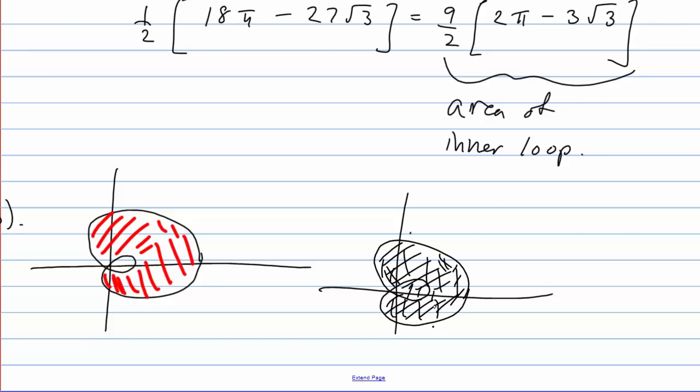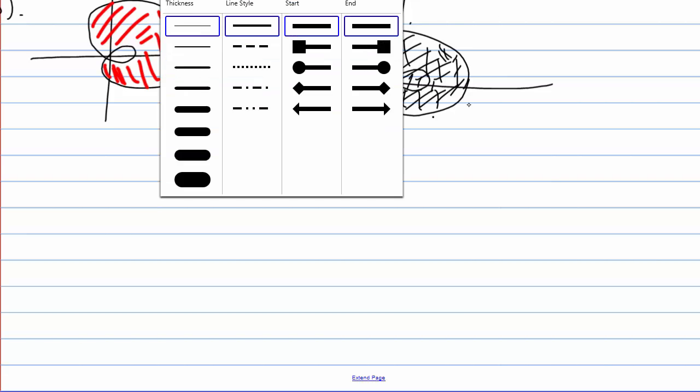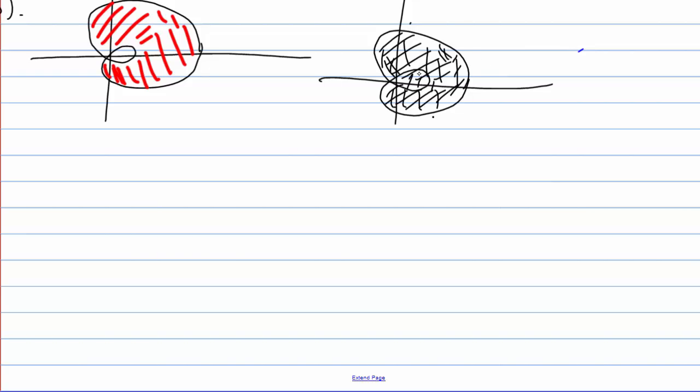And then since we know the area of the inner loop, we could subtract it off, and that would give us the area of the red shaded region. So again, this figure is symmetric, so if we want to find the area of the entire thing, everything shaded, including the inner loop, we could just focus on the top portion, the portion that's above the x-axis, because again, this figure is symmetric.